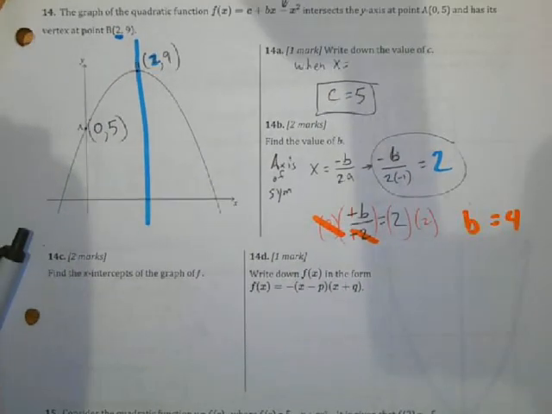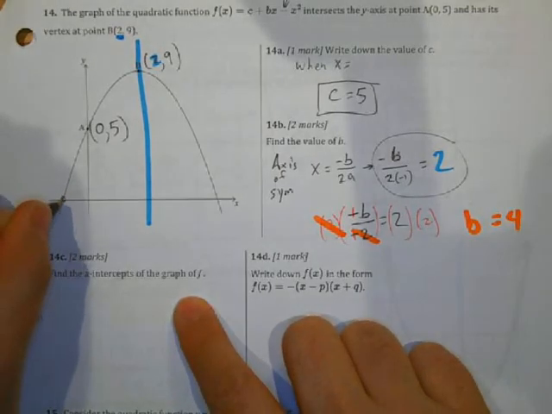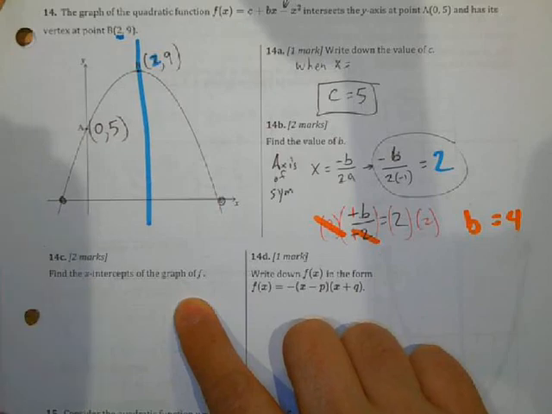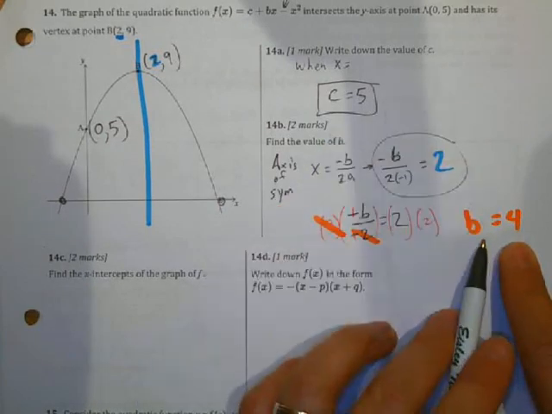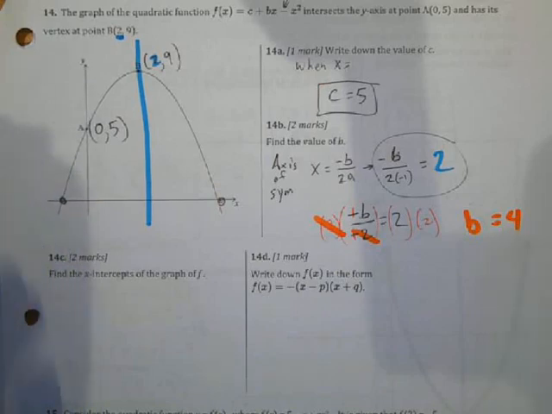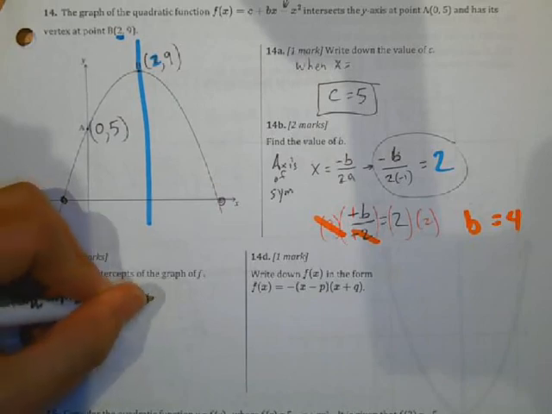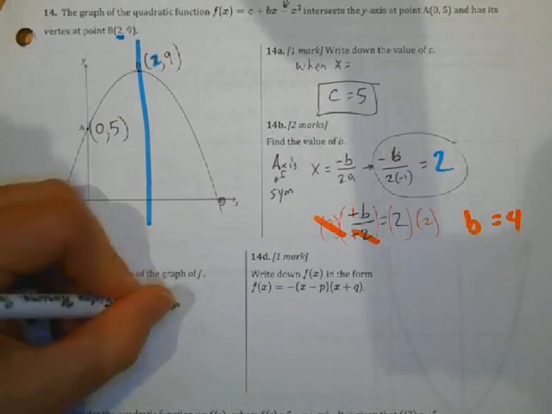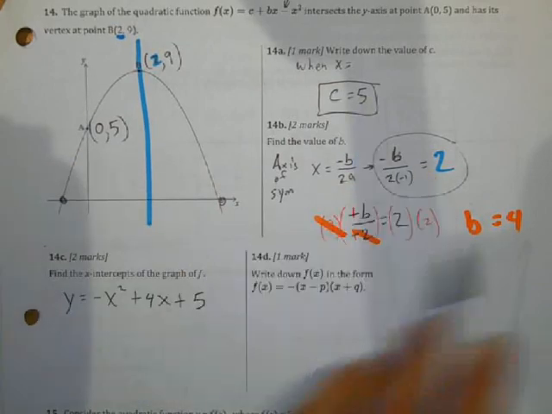Okay, find the x-intercepts of the graph. There and right there. Now that I know C, and I know B, and I know A is negative 1, I can say y equals negative x squared plus 4x plus 5, because we know C is 5 and B is 4.